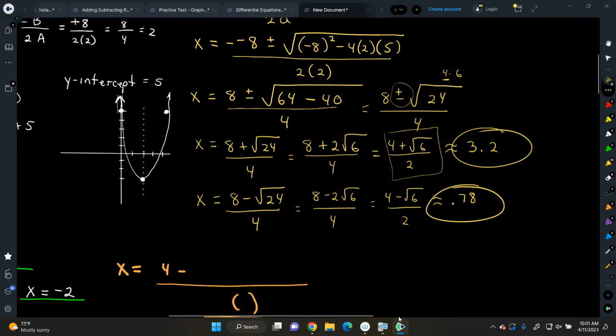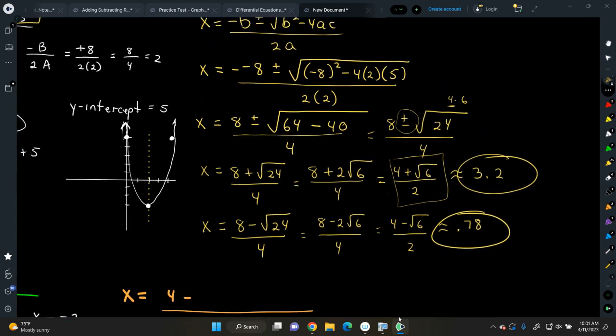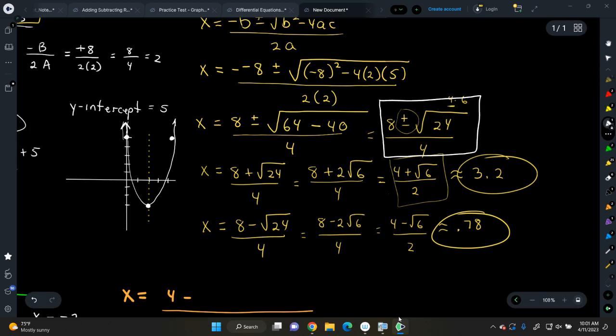Let's just talk about what we just did, okay? We used the quadratic formula. Now, when we got down to this part right here, we broke it up into two equations, one of them plus and one minus. Since we're using our calculator, you can actually just put this in your calculator like this.